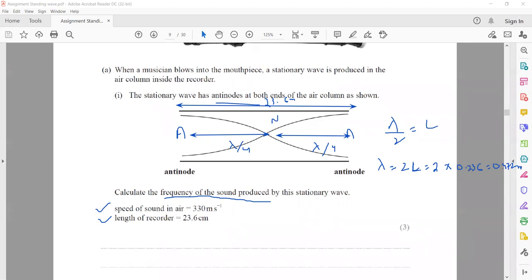Now we have the wavelength, so we can find the frequency. We know the speed, so we can use the formula V is equal to F lambda, F is equal to V divided by lambda. The speed is 330 and the wavelength is 0.472. So it will come out as 699 hertz as the frequency of the wave produced in this column.